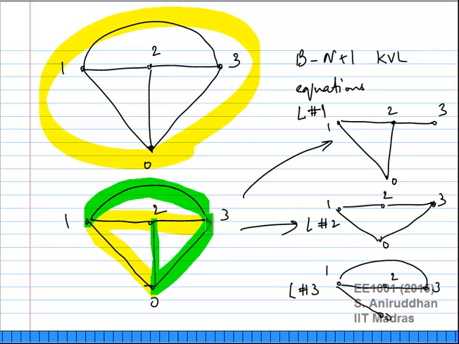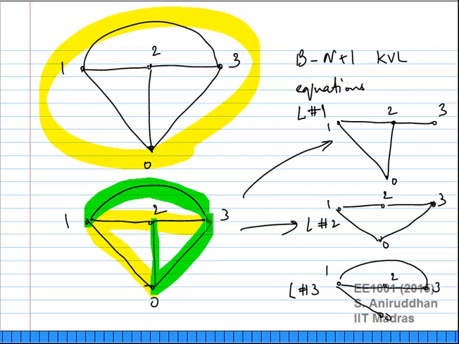So I have 3 unique loops that can be formed and 3 independent KVL equations that I can obtain from this particular graph, from this particular tree that I have chosen. You could choose any other tree and obtain KVL equations corresponding to that.